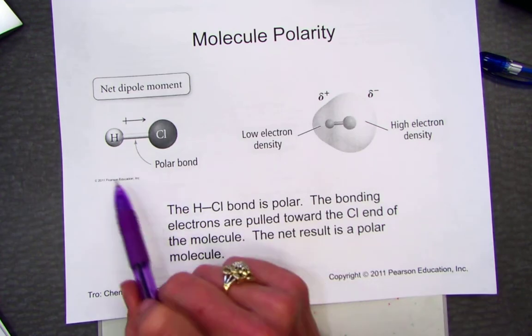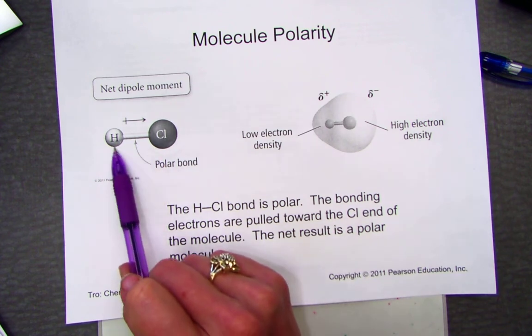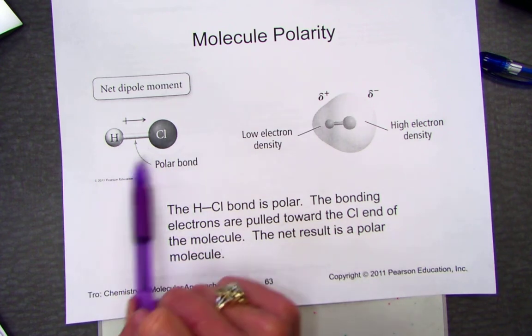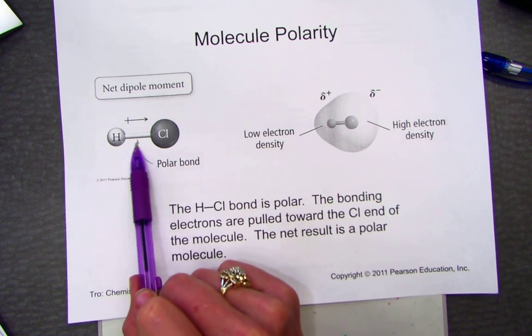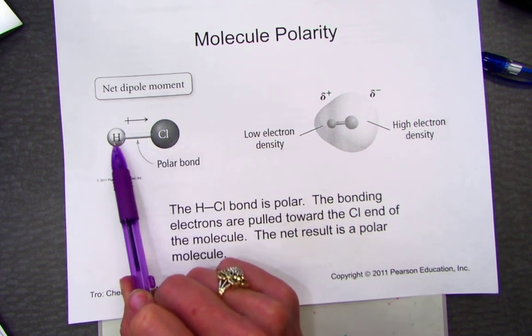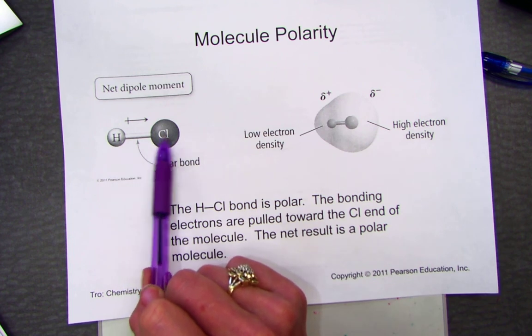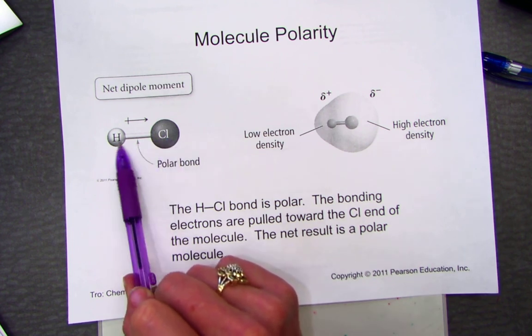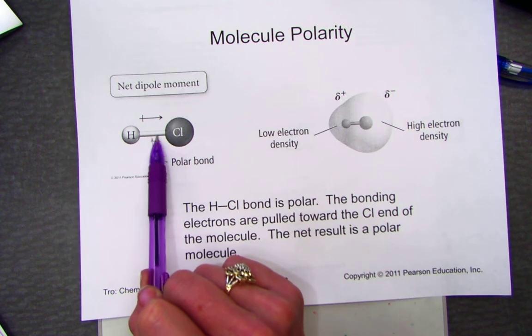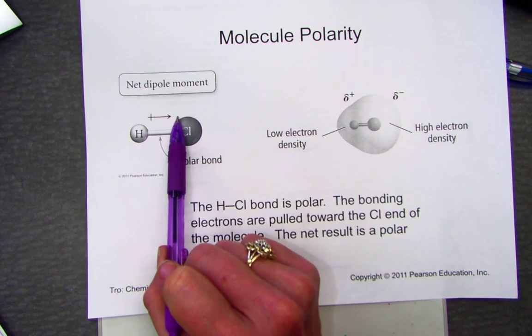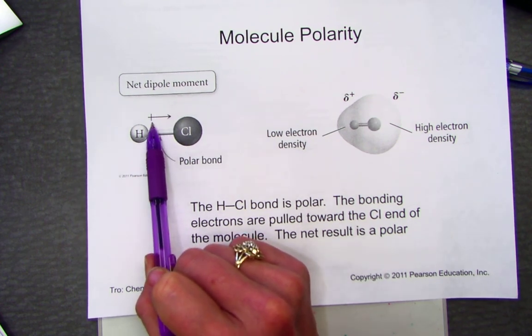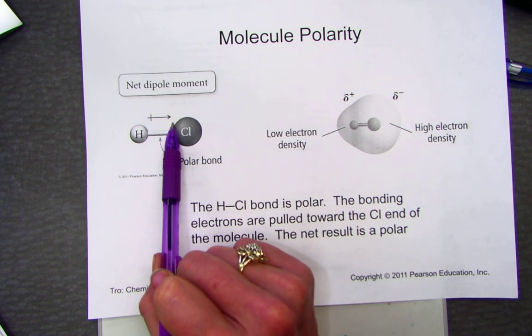If I look at a molecule such as HCl, it's a linear molecule. It's only two dots connected by a straight line. But chlorine is more electronegative than hydrogen, making this a polar bond. The hydrogen is barely hanging on to the chlorine in this covalent bond. It's just an unequal shared pair. The little positive sign at the end of this arrow shows the direction of the electron pull, leaving hydrogen partially positive and the chlorine partially negative.